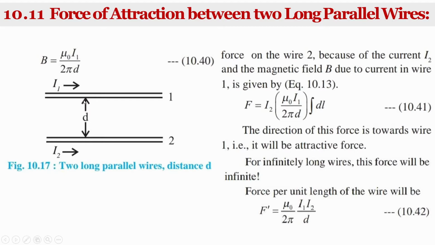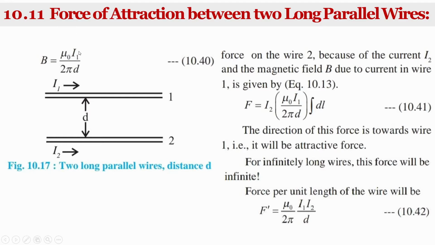We know that while the current is flowing through the first wire, this wire produces a magnetic field in its surrounding space. And the magnetic field at the second wire due to the current I1 flowing in the first wire can be written as B equal to mu naught I1 upon 2 pi d.